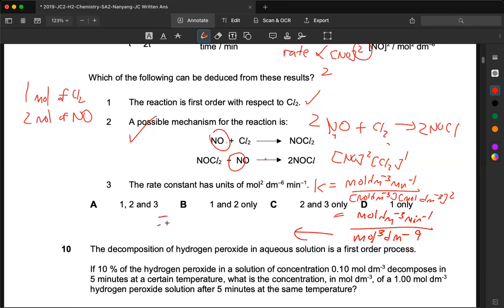That will give you mole minus 2 dm 6. So this should be the correct rate constant because overall order is 3. So it looks a bit weird, right? So it cannot be this one. So it's only 1 and 2.